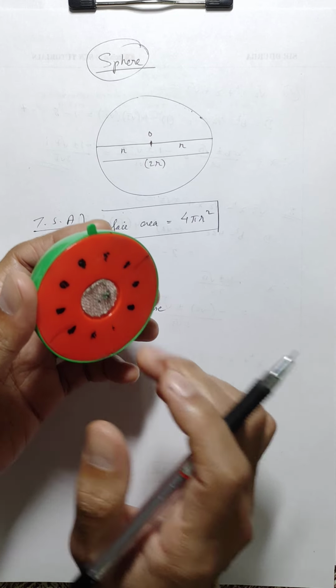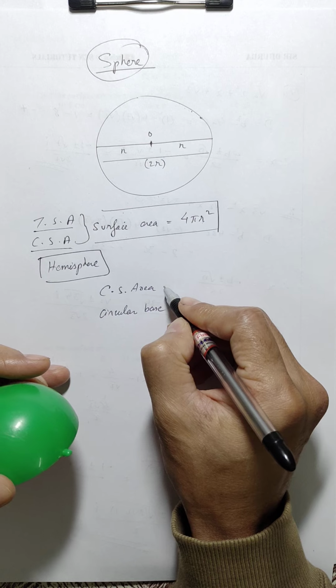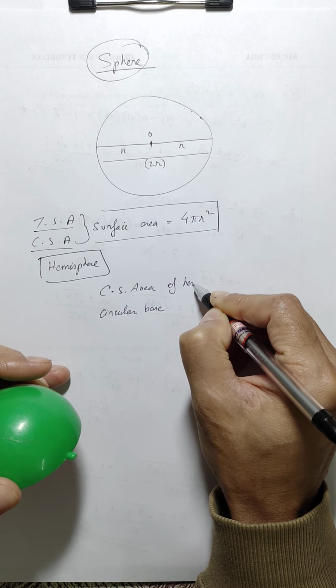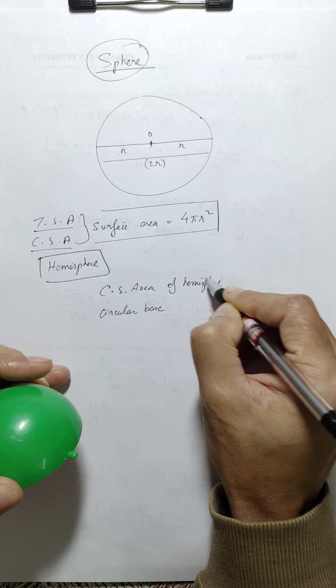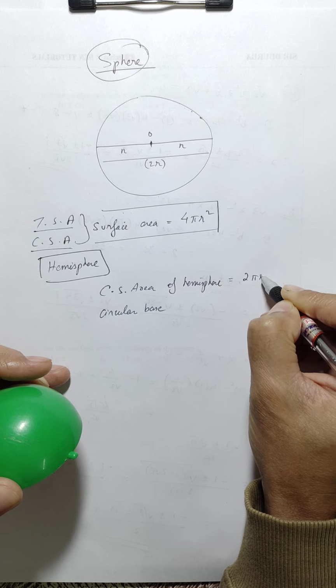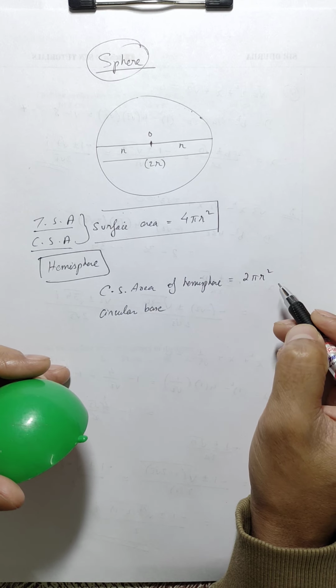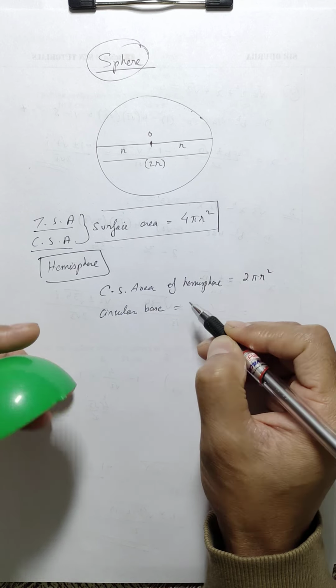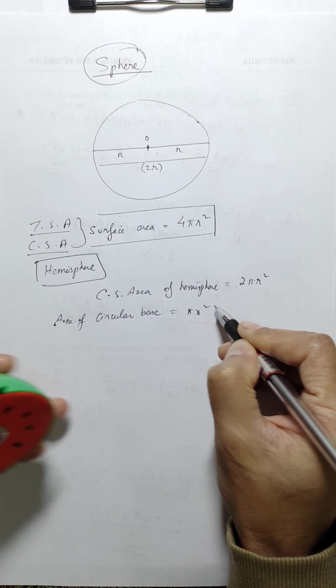Now the curved surface area of a hemisphere is given by 2 pi r square, that is half of a sphere. And the area of the circular base is a circle, so that's going to be pi r square.